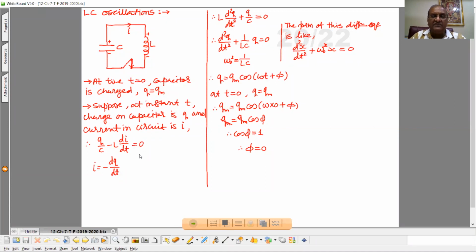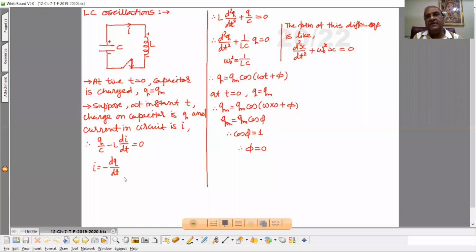So we can write, as per Kirchhoff's second rule, Q by C minus L di by dt equal to 0. Here I is dq by dt, but we take I as minus dq by dt, because with time the charge is decreasing.